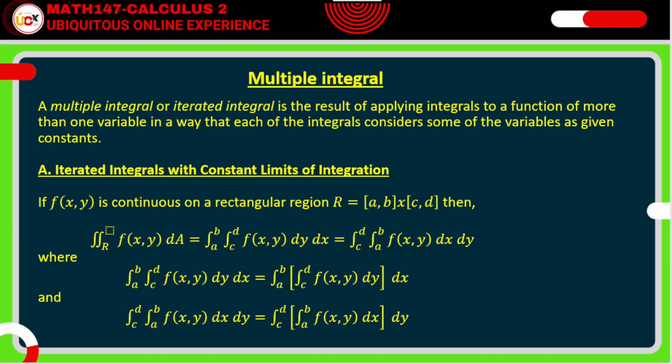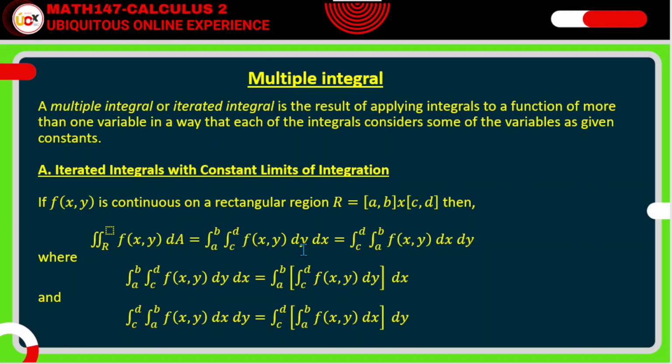Under this type of multiple integral, given the function f of xy, which is continuous on a rectangular region R of length from a to b and width from c to d, the double integral of f of xy times the change in the area over this rectangular region R is equal to the double integral of f of xy dy dx, where y is from c to d and x is from a to b.